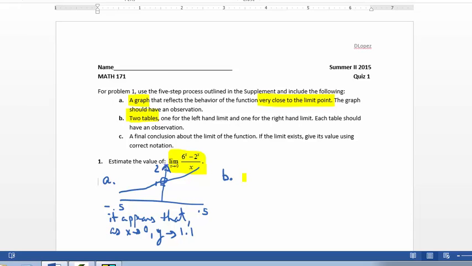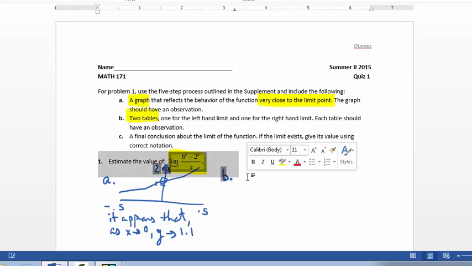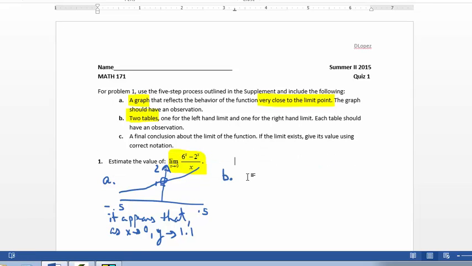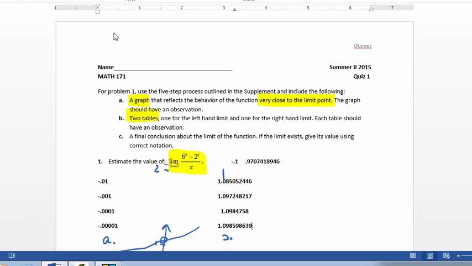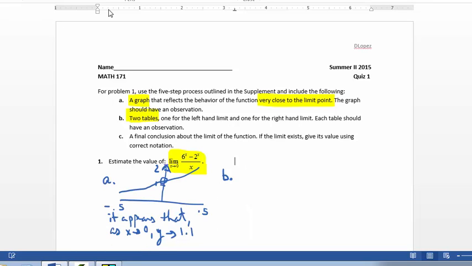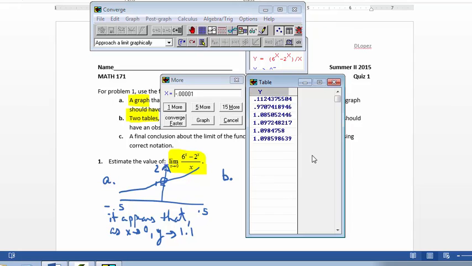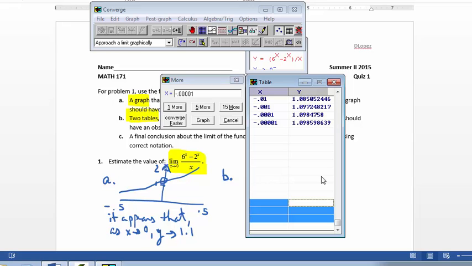Copy those rows, of course, because I don't want to have to write it. But you can see there that as x gets closer to 0 from the left, the limit is basically 1.099.